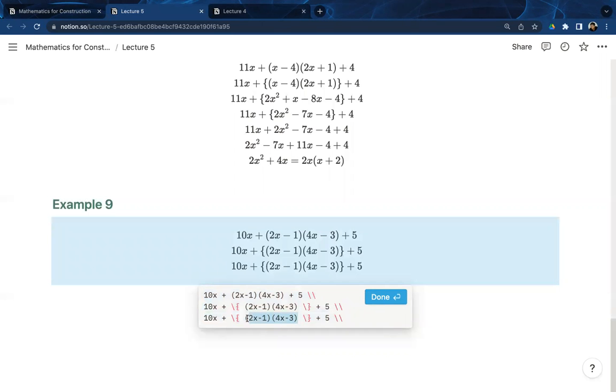So 2x by 4x, 8x squared, my 2x by minus 3, minus 6x, right? This by this. Now minus 1 by 4x, minus 4x.